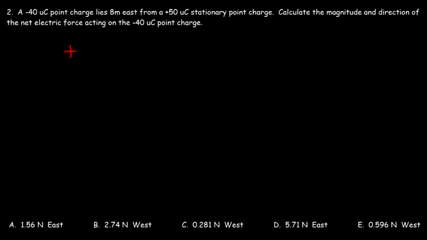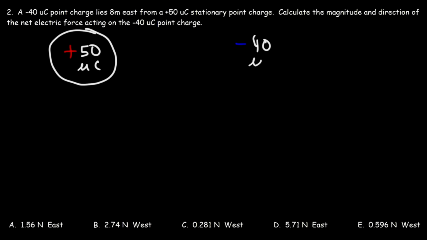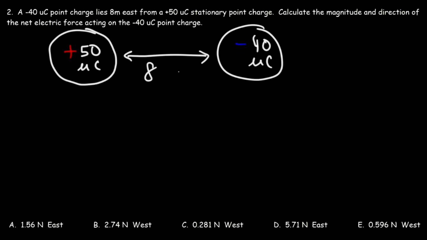So we have a positive 50 microcoulomb charge, and east of that we have a negative 40 microcoulomb charge. And so that's going to be 8 meters east of the 50 microcoulomb charge.